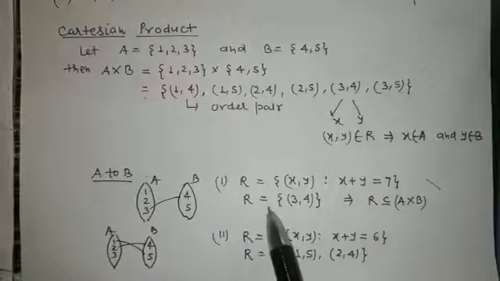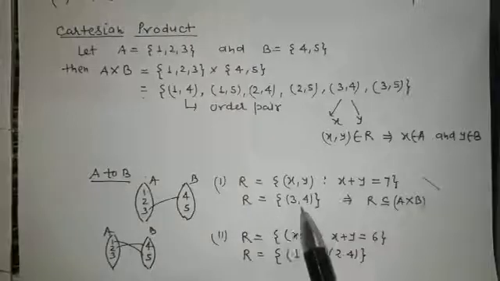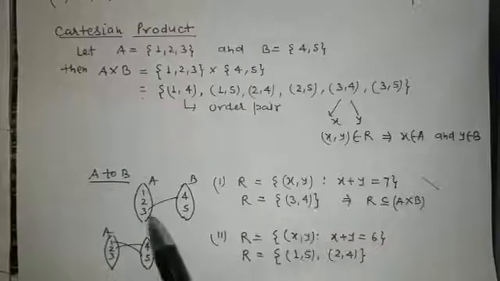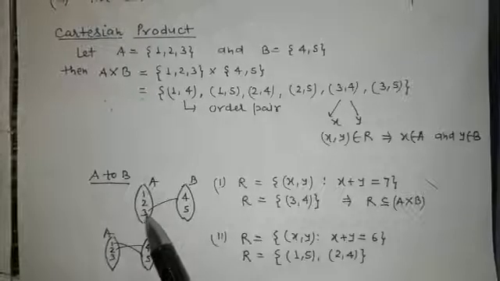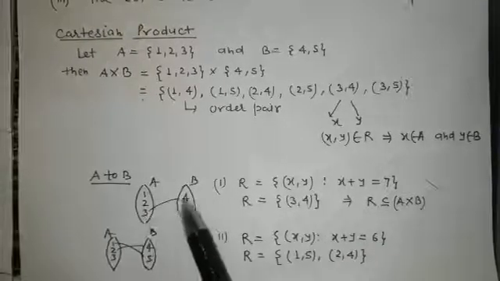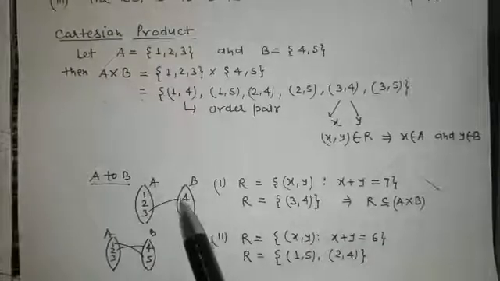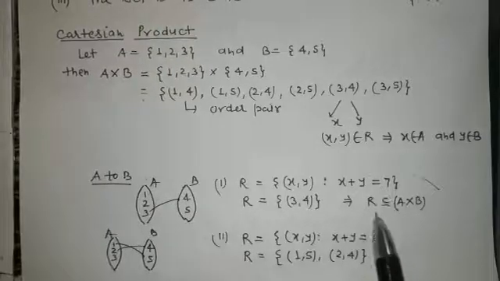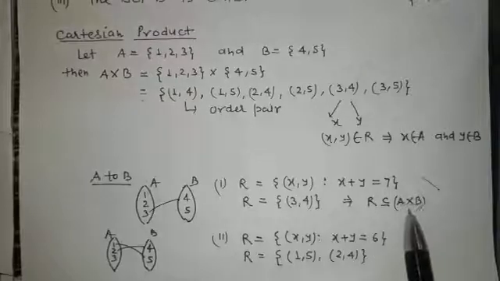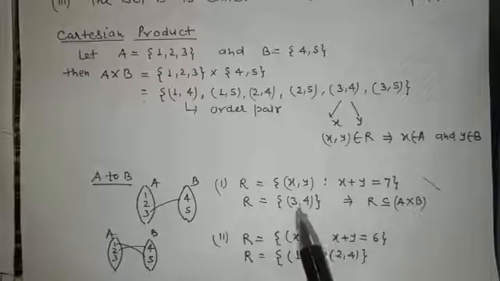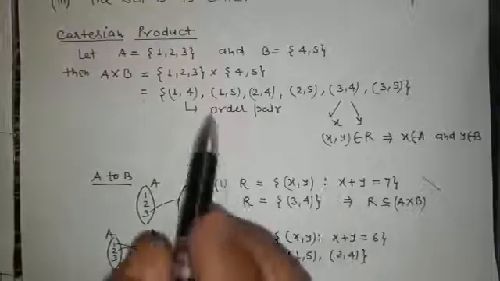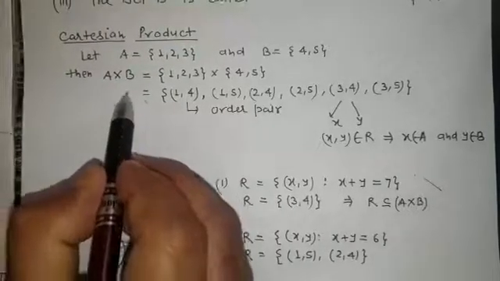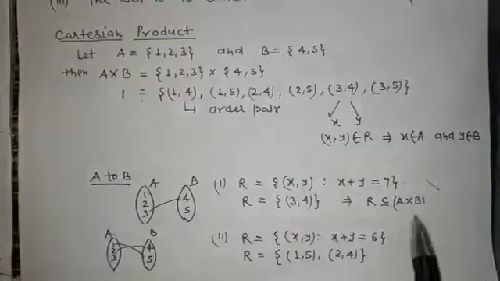So R is equal to {(3, 4)}, because 3 is related to 4. The sum of these two elements is 7. So R is a subset of A cross B, because (3, 4) is present in A cross B.